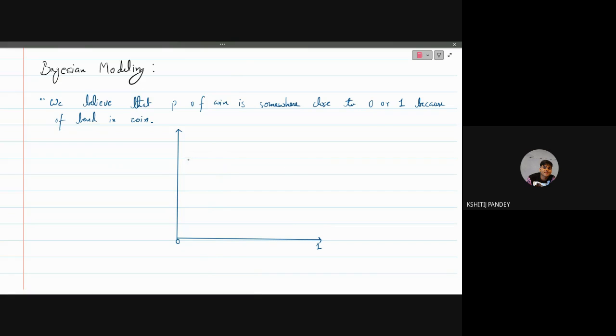So the probability density function for our unknown p will be roughly like this.